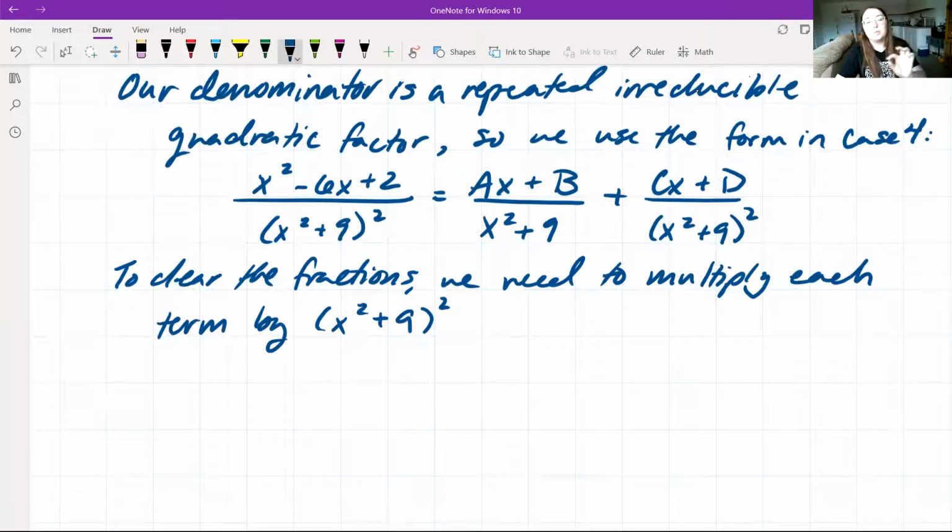This will get rid of each one of our denominators. It will also end up making us multiply ax plus b by x squared plus 9, but we can easily do that as long as we don't have to deal with fractions or rational expressions with denominators. So we multiply each term by x squared plus 9 squared.